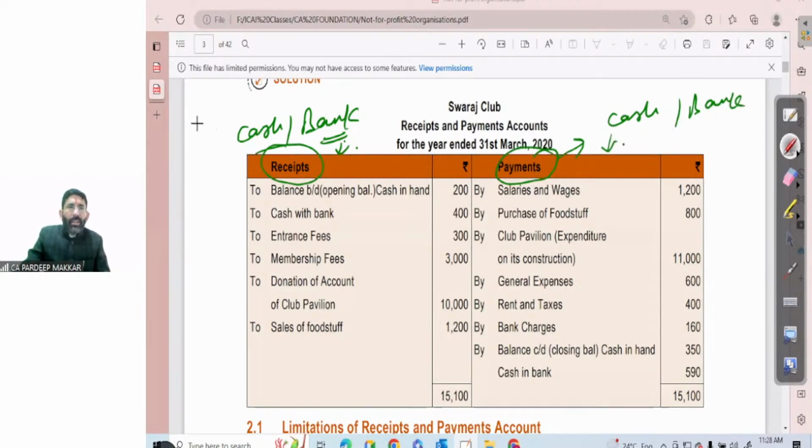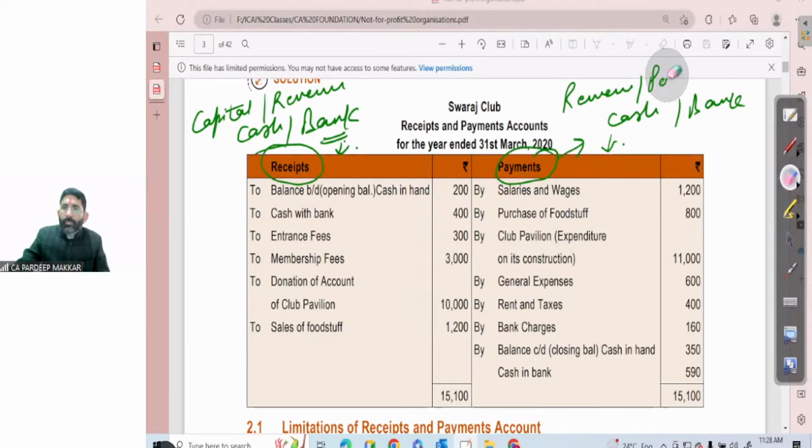Whether it is a capital or a revenue receipt doesn't matter. All receipts will be entered in it, whether it is a revenue payment or a capital payment, all will be entered here.